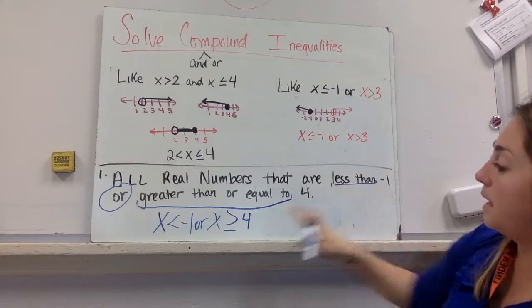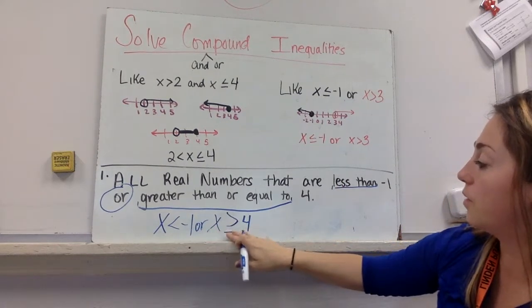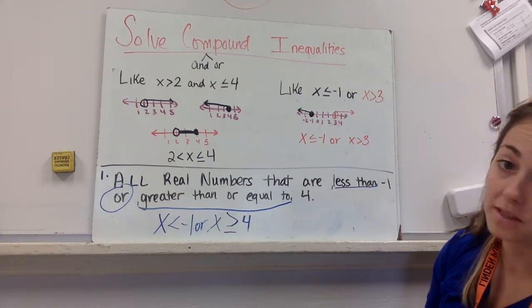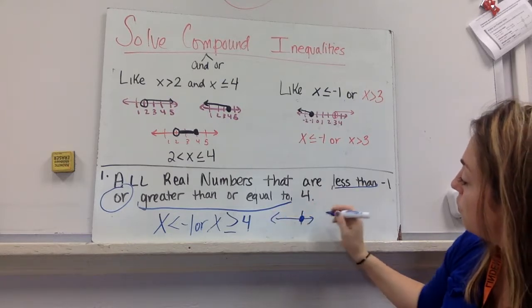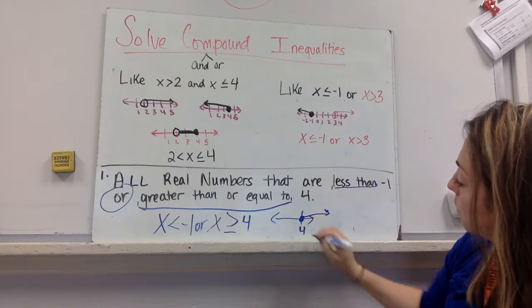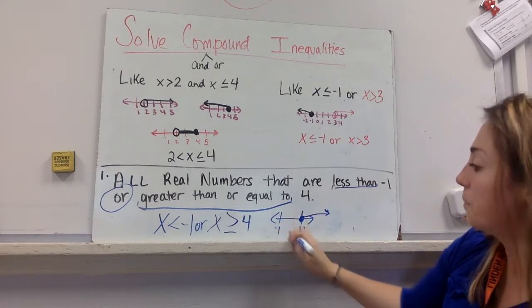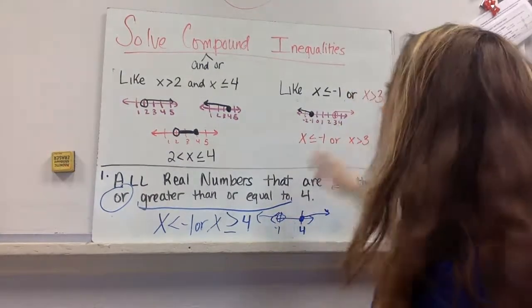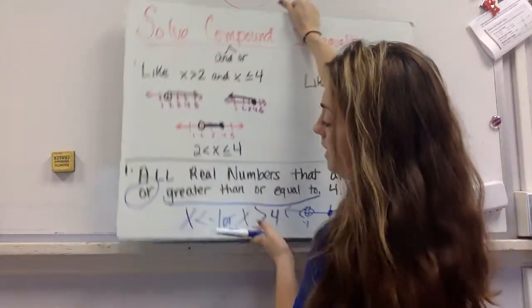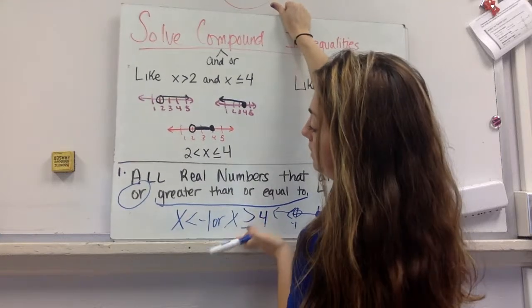So less than -1 or greater than or equal to 4. So I wrote x twice. If you were to graph it, you would see that it's greater or equal to 4. Say that's 4. And then say -1's over here. Less than -1. And it would be an or statement. They would go away from each other. Okay. My next slide that I'm working with is similar to this.